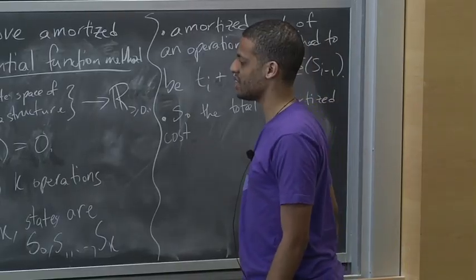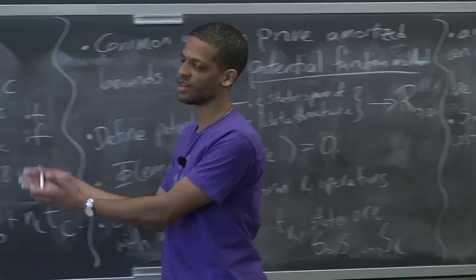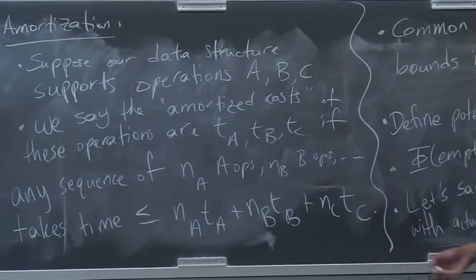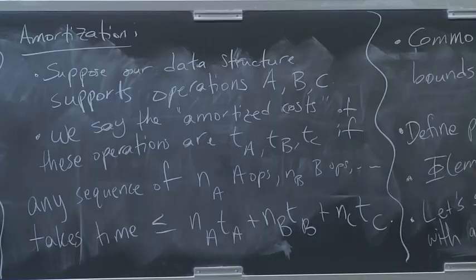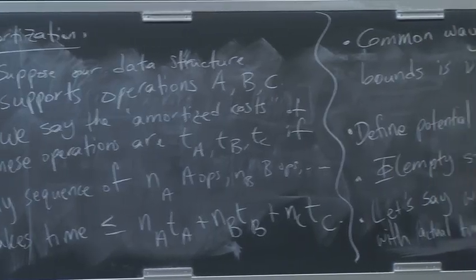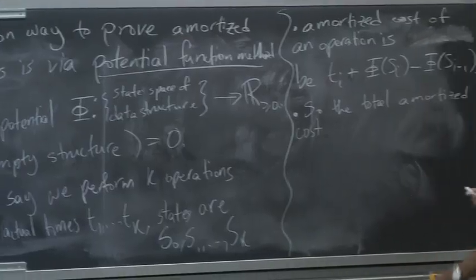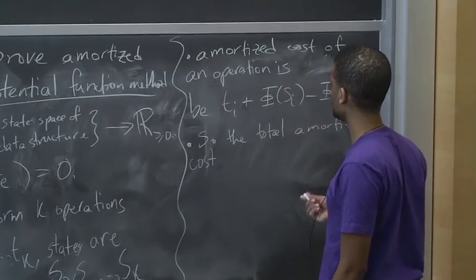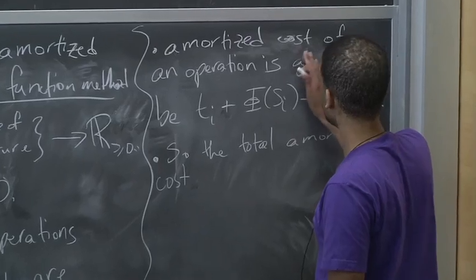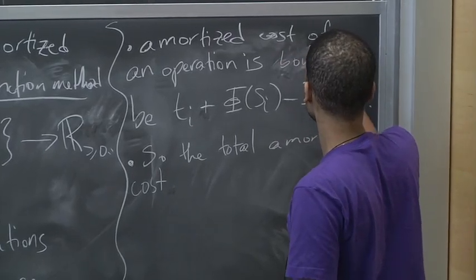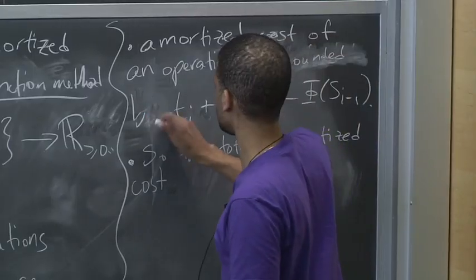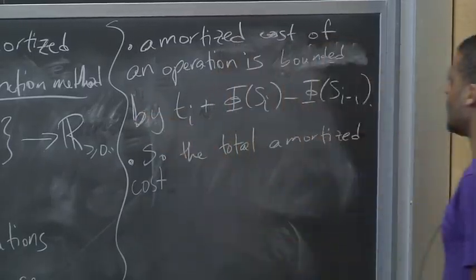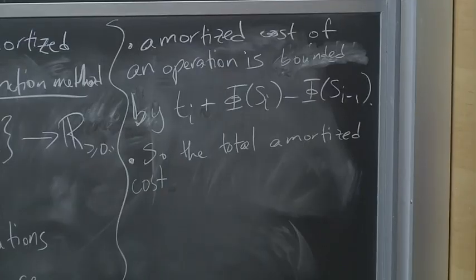I guess what I wanted to say is, this is what I define the amortized cost of a sequence to be. So I want to say we'll show that this is the case: the amortized cost of one given operation is bounded by this.